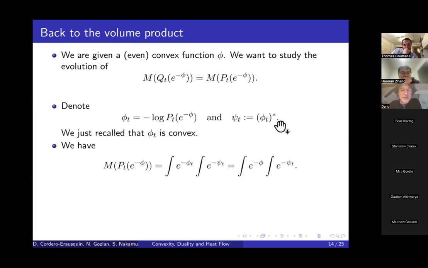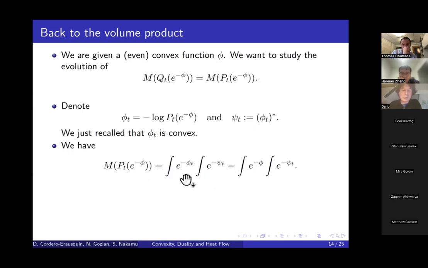Okay, so what we want to study is the volume product of P_t of e to the minus phi. So P_t of e to the minus phi, by definition, is e to the minus phi_t times the integral of e to the minus the polar of phi_t that I call psi_t.